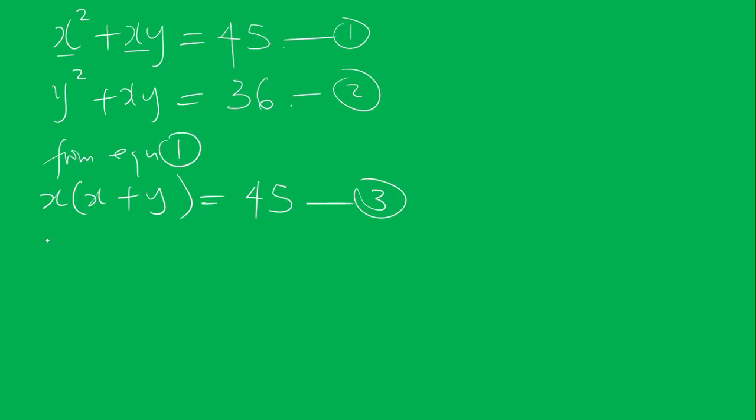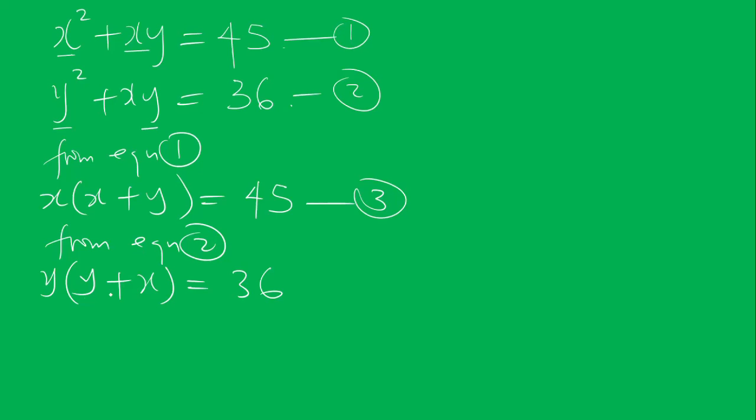Now, also from equation 2, the common factor here is y. So let's factorize it by bringing out the common factor y. Then what is left is plus x, equal to 36.